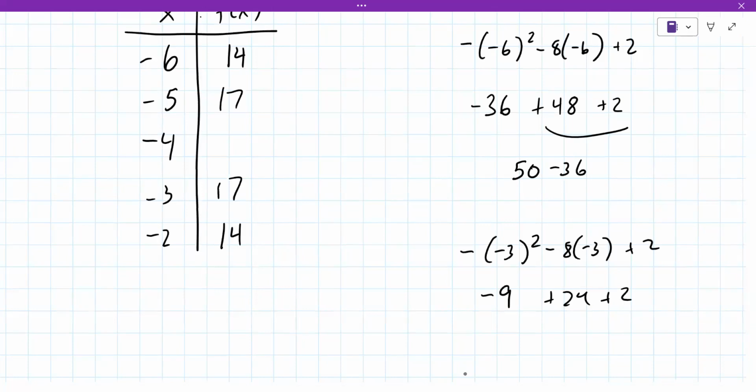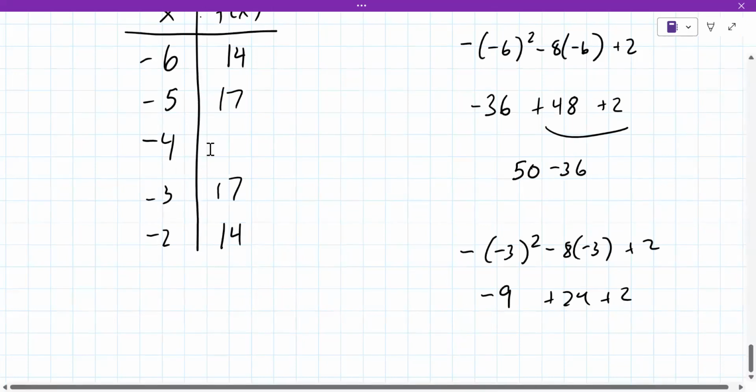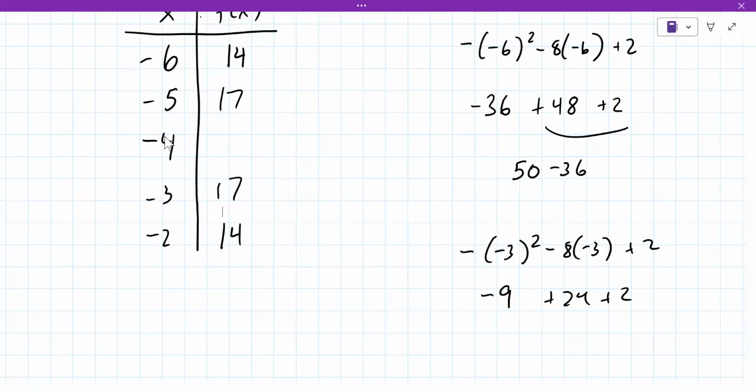Okay, only one more here. -4. So same thing, please. Okay. So that would be 4. Negative 4 squared minus 8 times -4 plus 2.